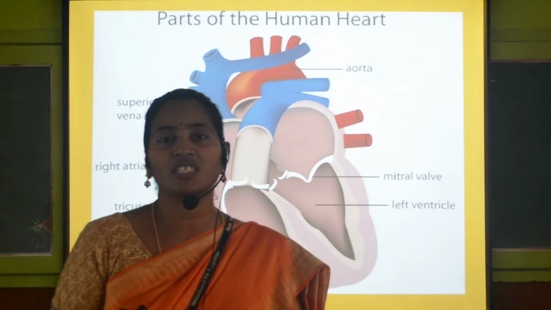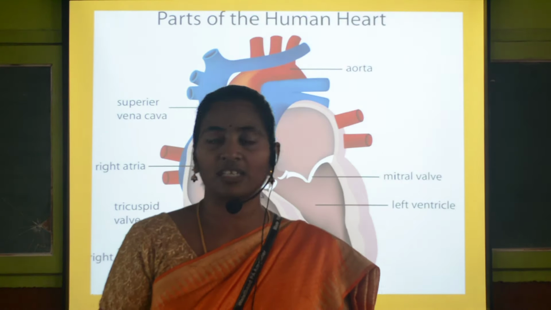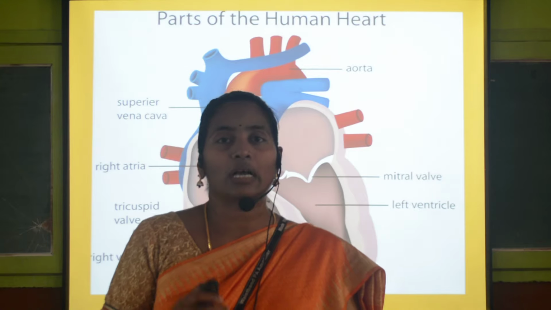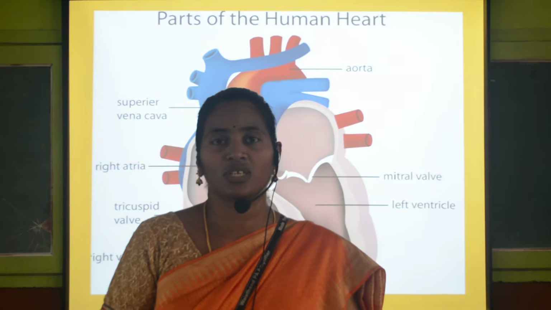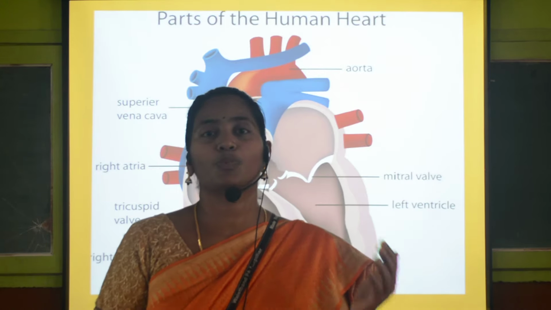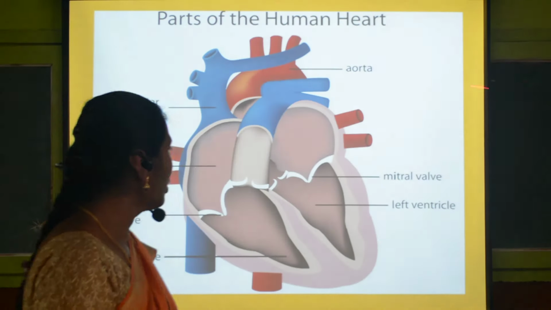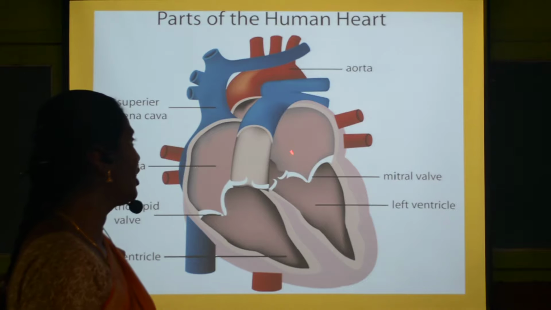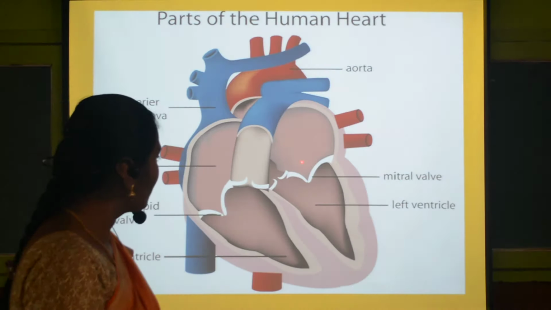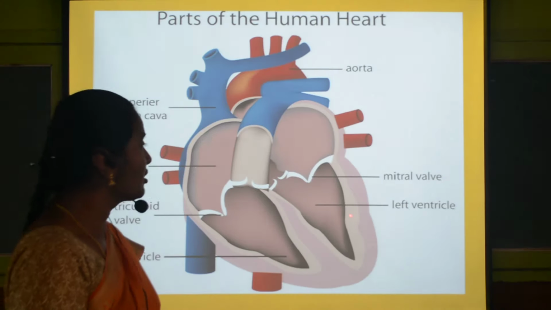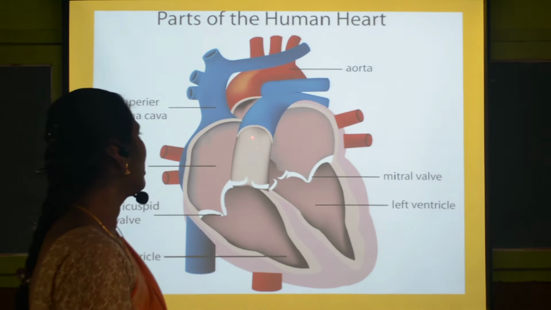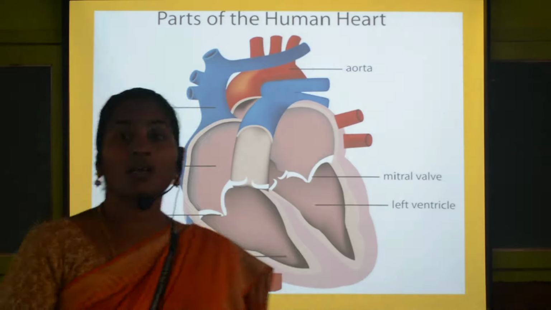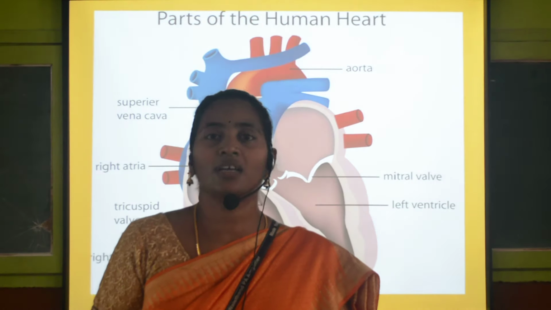Oxygen is very necessary for each and every cell in our body, children. So each and every cell requires oxygen, and this oxygen is brought from the lungs to the pulmonary veins, and from there to the left auricle, and from here to the left ventricle, and this makes its way into the aorta, which is the largest artery in our body.